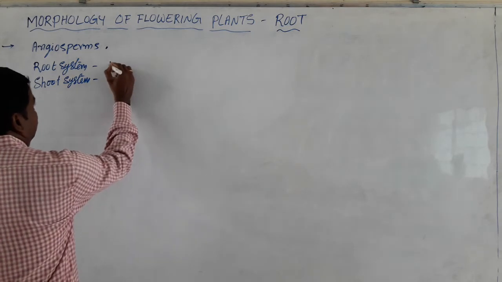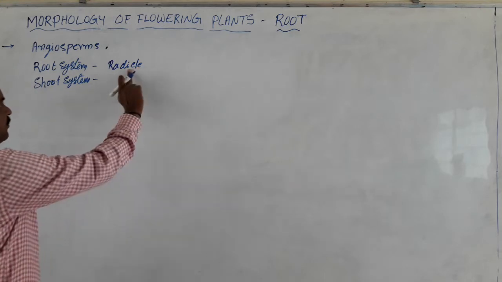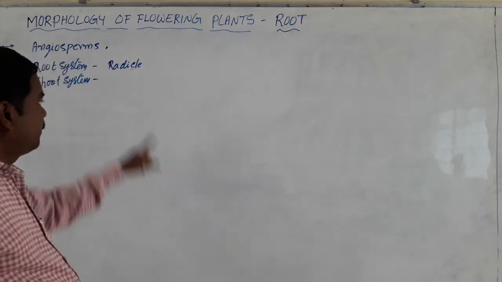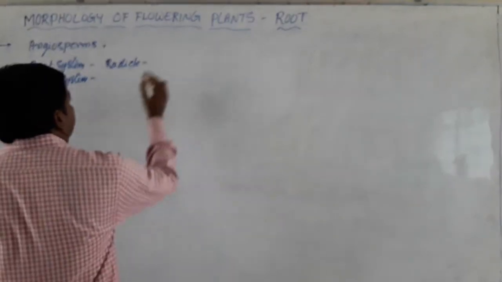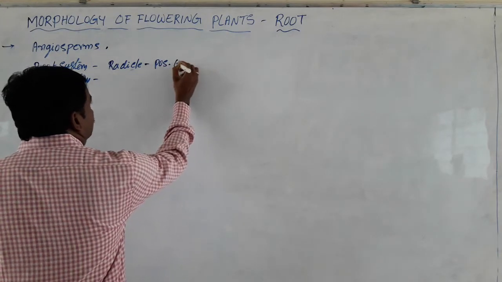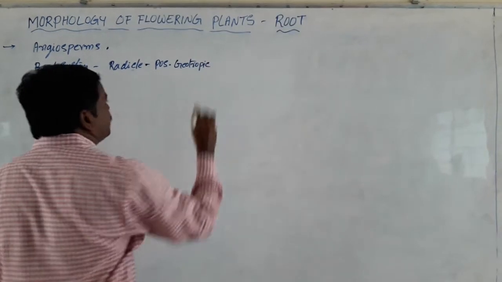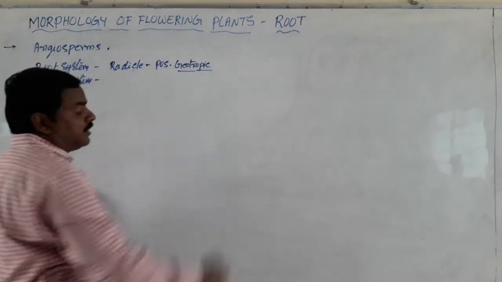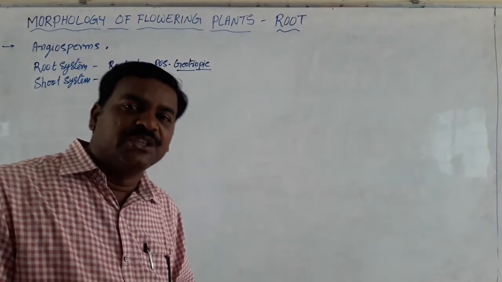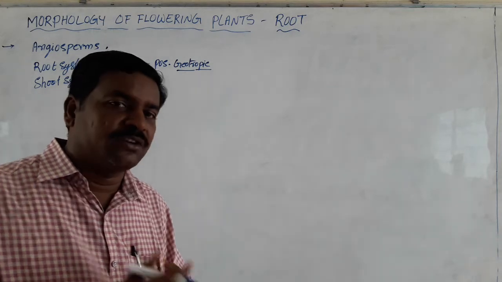It is developed from the primary root, that is the radicle. The primary root is also called the radicle. The root system grows in a positively geotropic manner, which means a negatively phototropic manner. It means the root always grows into the soil.